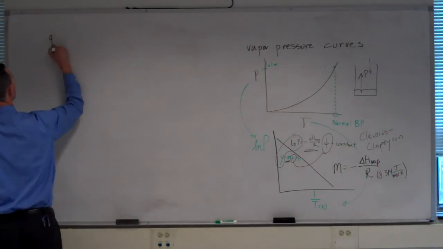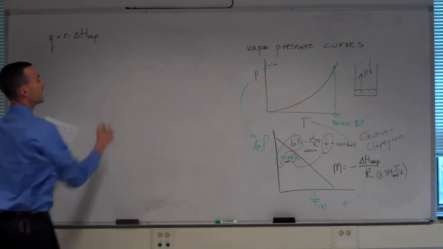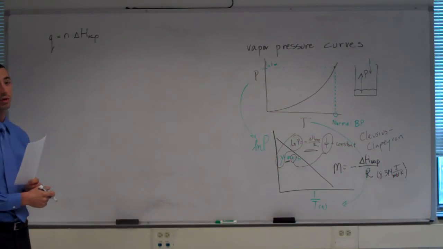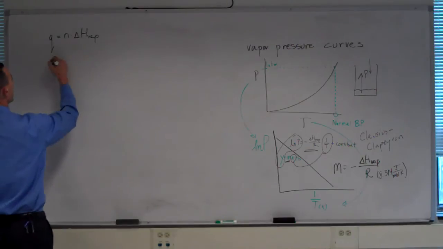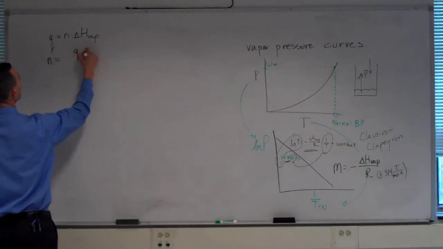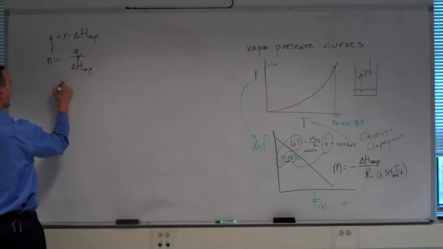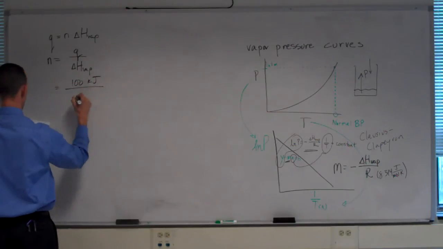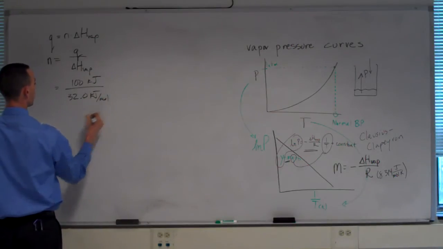So when we're vaporizing a substance, this occurs at constant temperature. And so the heat involved in such a process is not governed by the mC delta T equation that we've used frequently, but rather by the n delta H equation. So I can manipulate this to solve for the moles of acetone that will be vaporized. n will be Q divided by delta H. So we have 100 kilojoules of energy being added, and it requires 32 kilojoules to vaporize a mole of acetone.